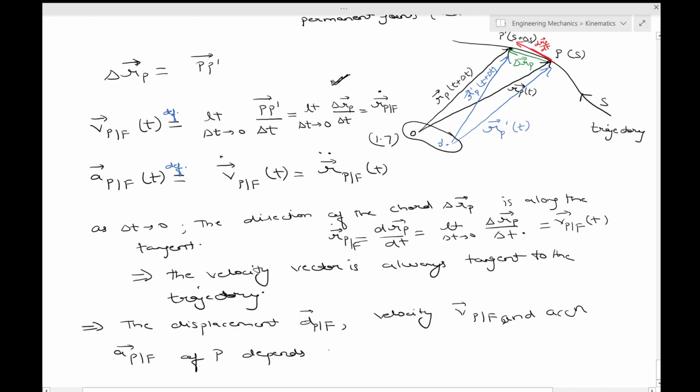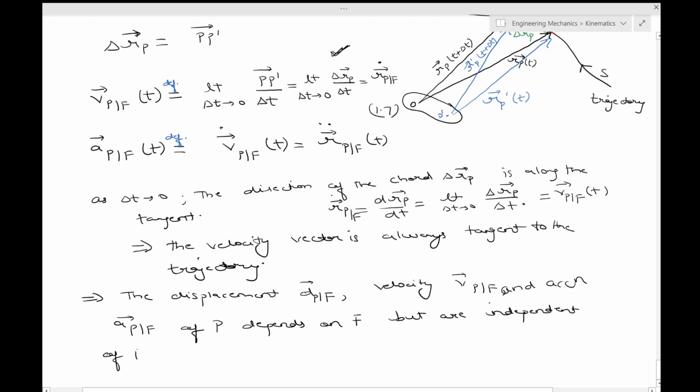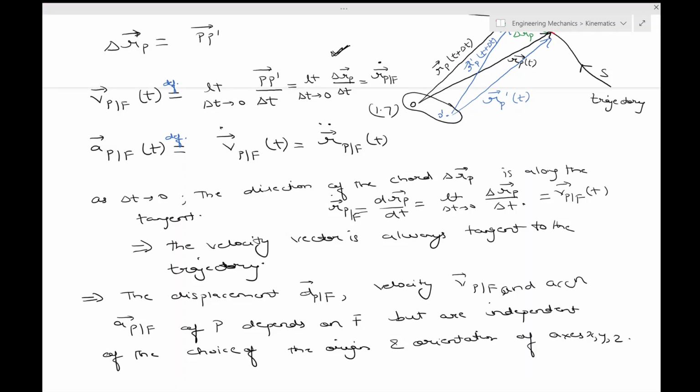depend on F but are independent of the choice of the origin and orientation of axis x, y, z, embedded in the frame F. This last part you can easily verify from this derivation which we have done, that it does not actually depend on the orientation of x, y, z, your coordinate axis.